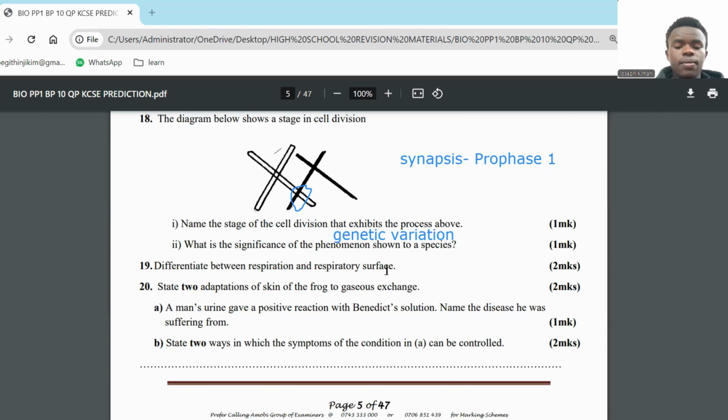That's the importance. Now differentiate between respiration and a respiratory surface. Respiration generally is the process that yields energy.